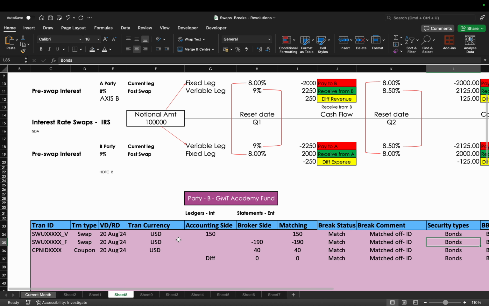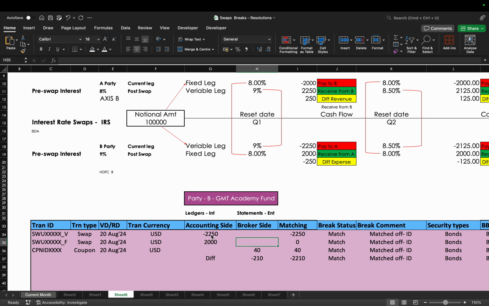In terms of the accounting side, GMT fund can record minus 250, again plus 2000, which is the fixed one. The variable was 2250, and then the difference.